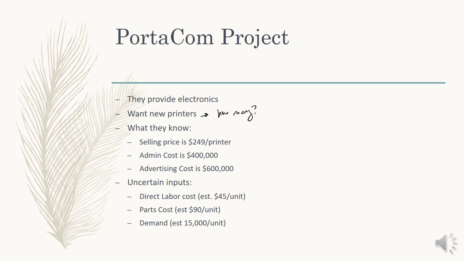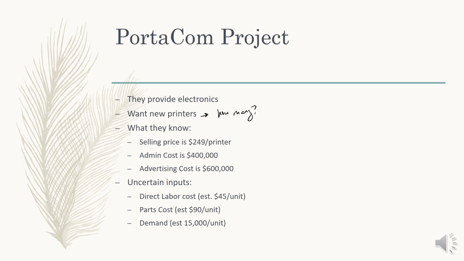What they do know is that the selling price is going to be $249 per printer. They know that the administration cost is going to be $400,000, and they know that the advertising cost is going to be $600,000. What they don't know, though, is the direct labor cost, the parts cost, and the demand. They have estimates for all of those, but they don't actually have concrete numbers.